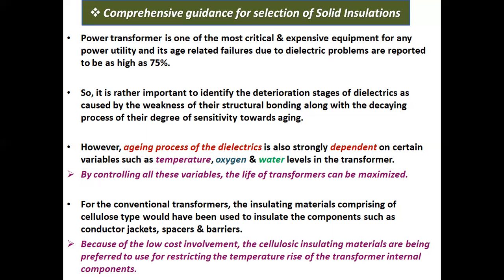For the conventional transformers, the insulating materials comprising of cellulose type would have been used to insulate the components such as conductor jackets, spacers, and barriers. Because of the low cost involvement, the cellulosic insulating materials are being preferred to use for restricting the temperature rise of the transformer internal components.